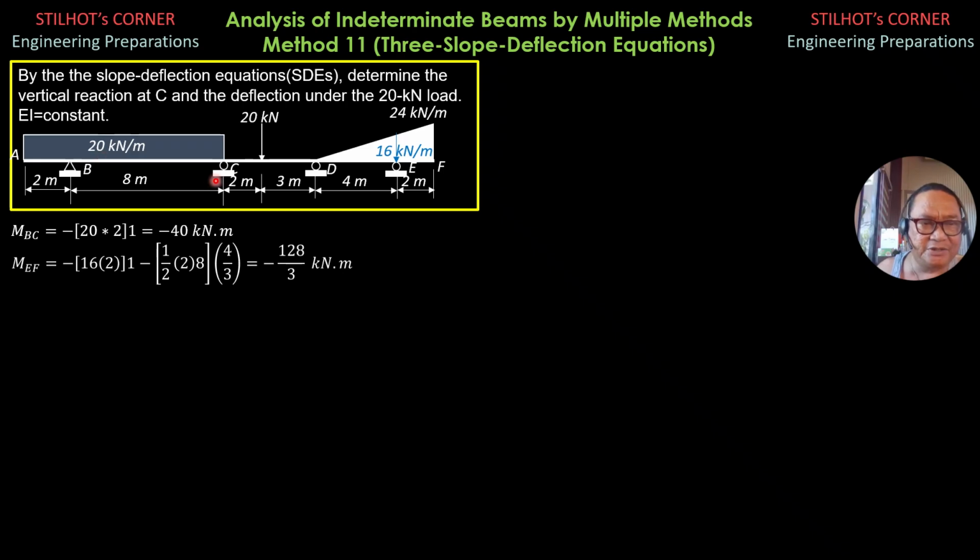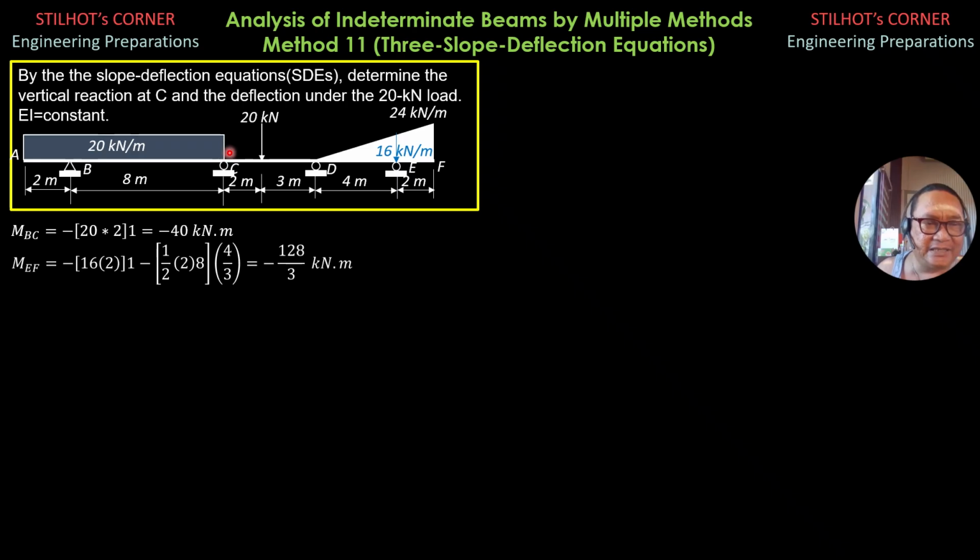If it is an interior span, we have MBC, for example, is 2 times EI over L quantity 2 theta B plus theta C minus 3 times deflection relative displacement over L. Then at the left, minus fixed end moment at the left due to the loading.